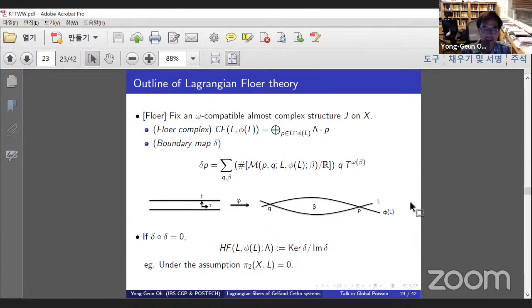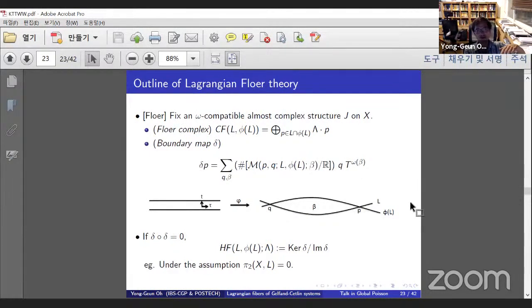You look at the module generated by these intersection points, regarding those intersections as the basis. Okay? And then there is a boundary map. The boundary map has matrix elements given by the number of holomorphic disks, the cornered disks, which I denote by beta here. So you look at this and try to find a map phi from this strip to the target symplectic manifold.